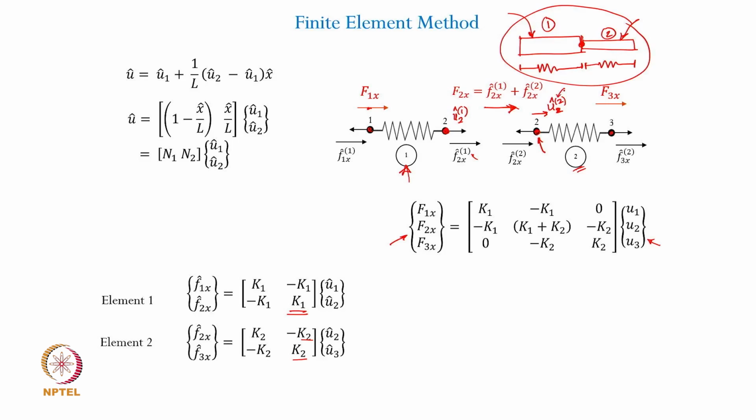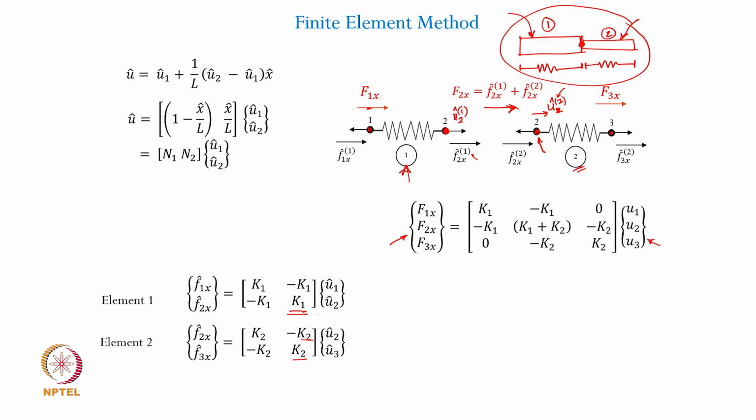That is why I have written here as U2 cap 2. Now because these nodes are connected to each other, they will have the same nodal displacement. So U2 cap 1 will be same as U2 cap 2, right.